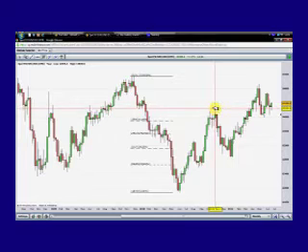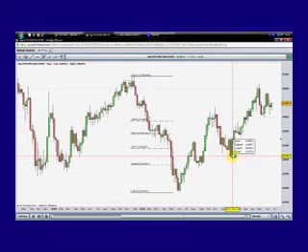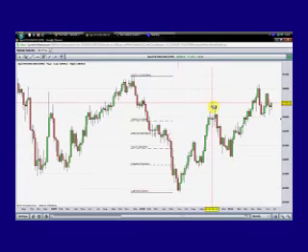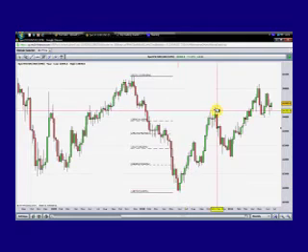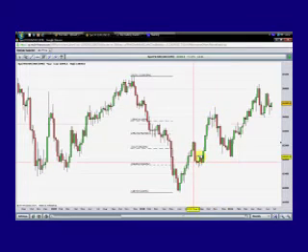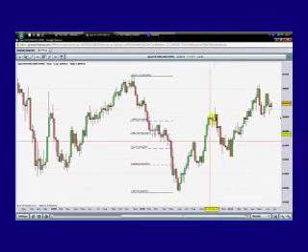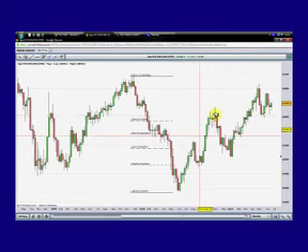So we are talking about a retracement of either 38.2 or 50% of this movement from here to this level here, not this one. So we want to measure this retracement in relation to this movement from here to here.